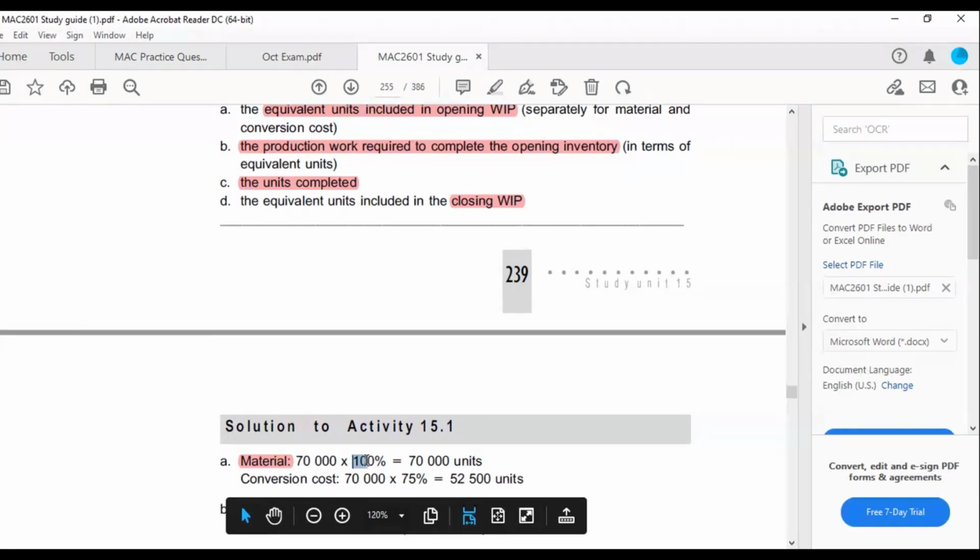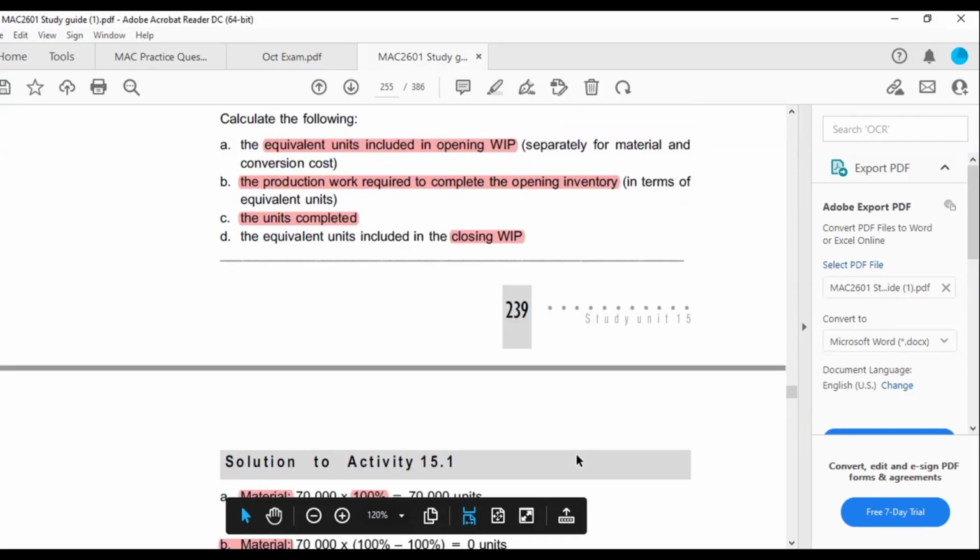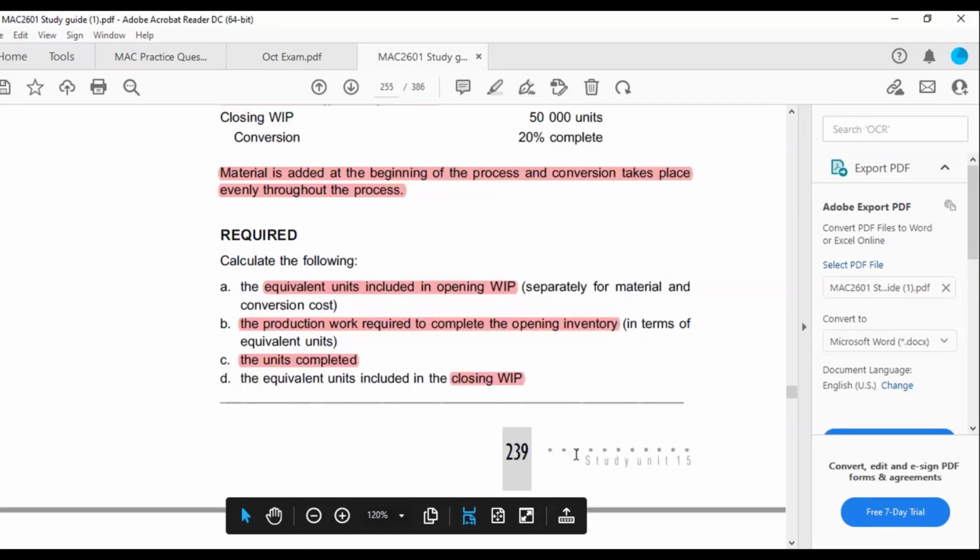And material is at 100%, as we've mentioned, and the units will be 70,000, but the conversion cost is 75% complete. So you take 75% of those units to get the equivalent units. Are we all happy with that? Okay. Yes, we are.